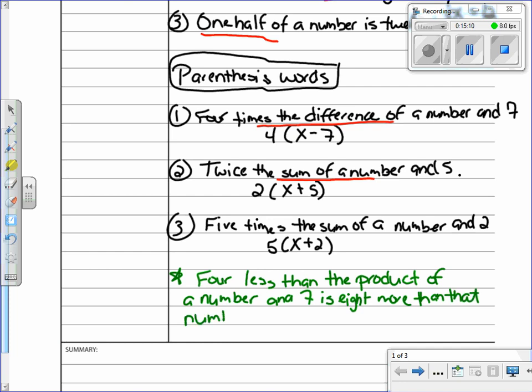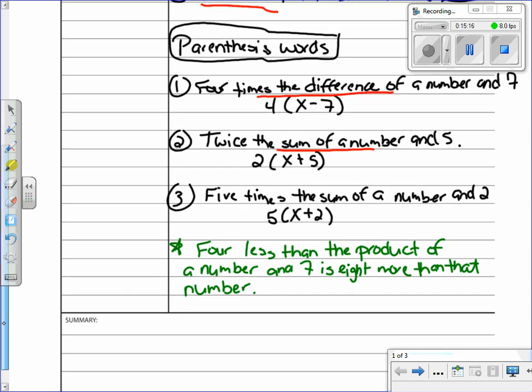And this is a bonus because this actually is not an expression, it's an equation. And we'll see why right now when we translate it.